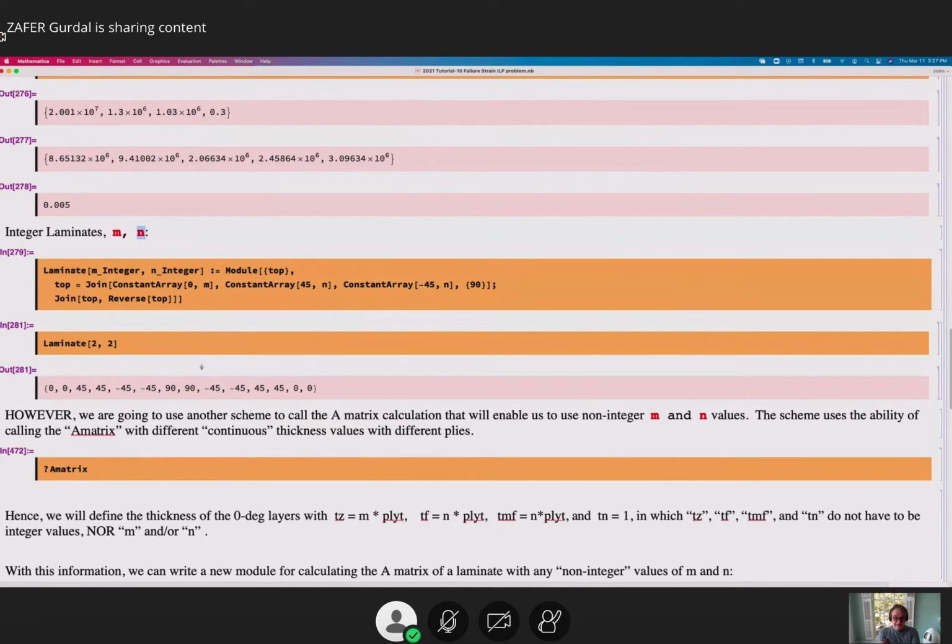In fact, I doubt Mathematica, using integer definitions for some variables, will be able to have a function in there that is not a continuous function in terms of some of the variables.